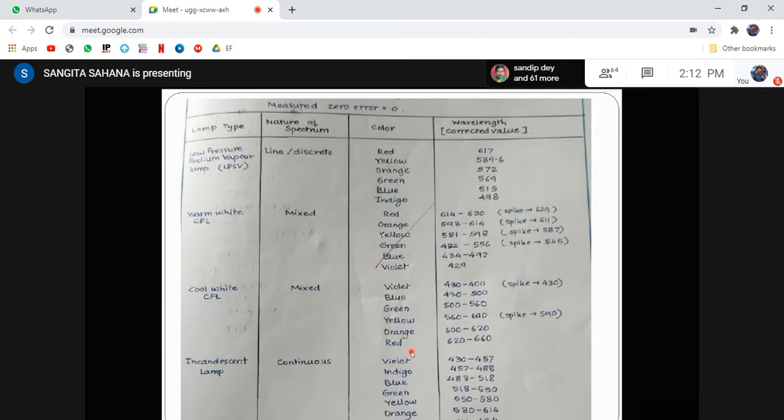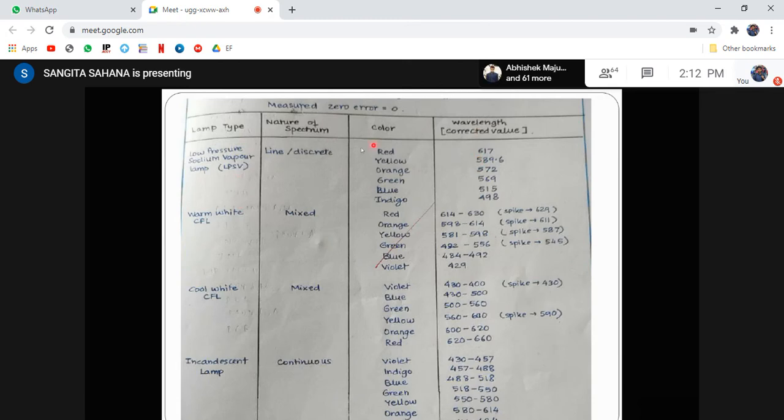This is a sample report for the measurement part. The four lamps. What is the nature of the spectrum? Whether it's line, discrete, continuous, all mixed, and the colors present in the spectrum, and the corresponding wavelength.